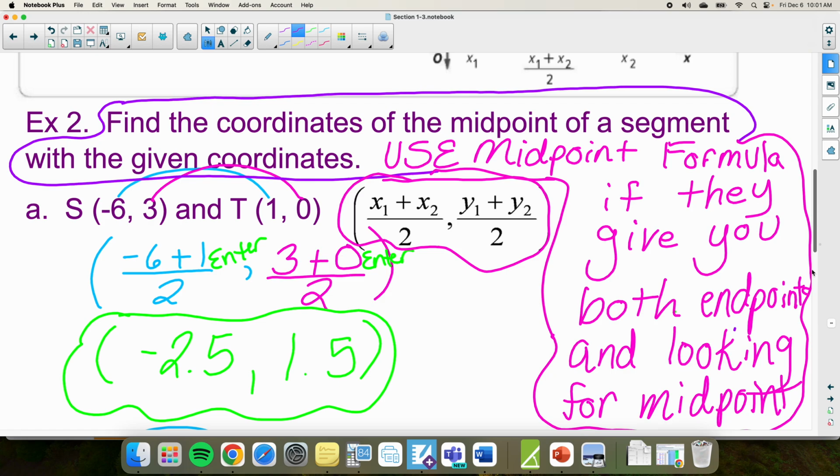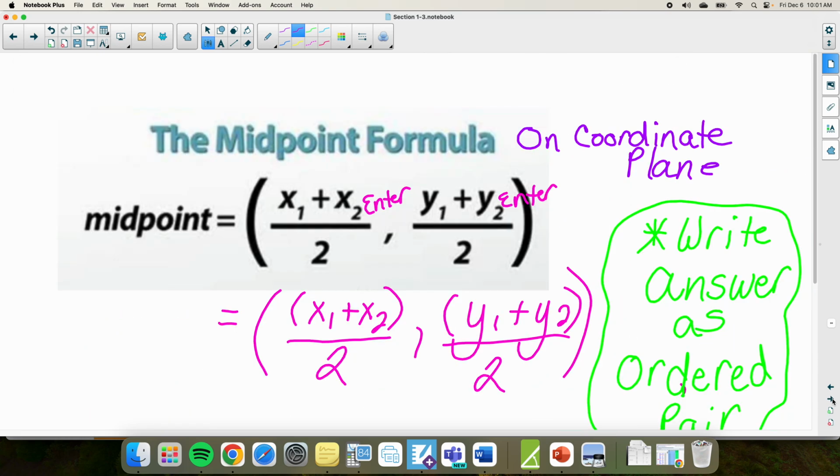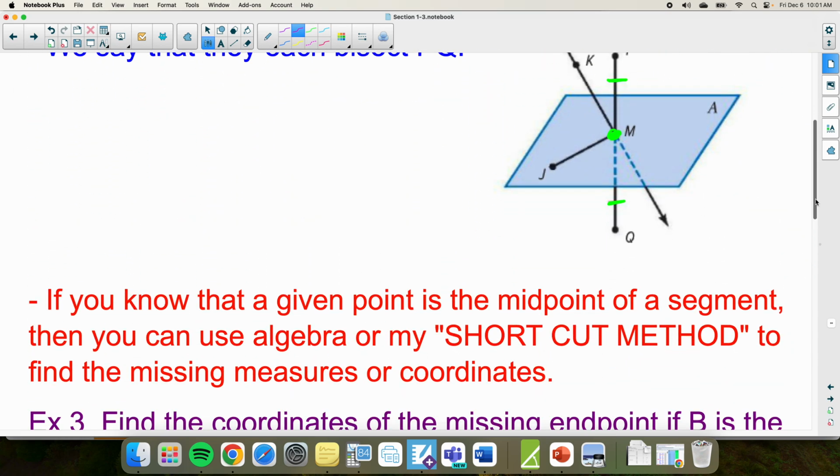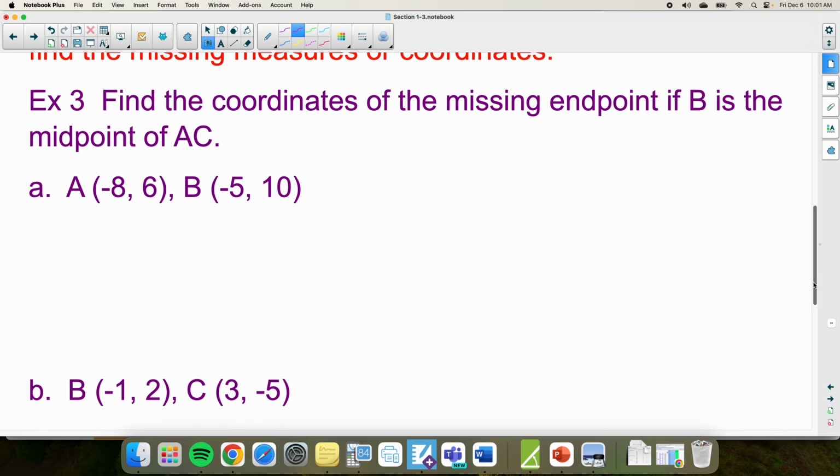The second type of question you're gonna have where you have 2 points, each with an X and a Y, is this next thing that we're gonna do right here. And what they're gonna say is find the coordinates of the missing endpoint.